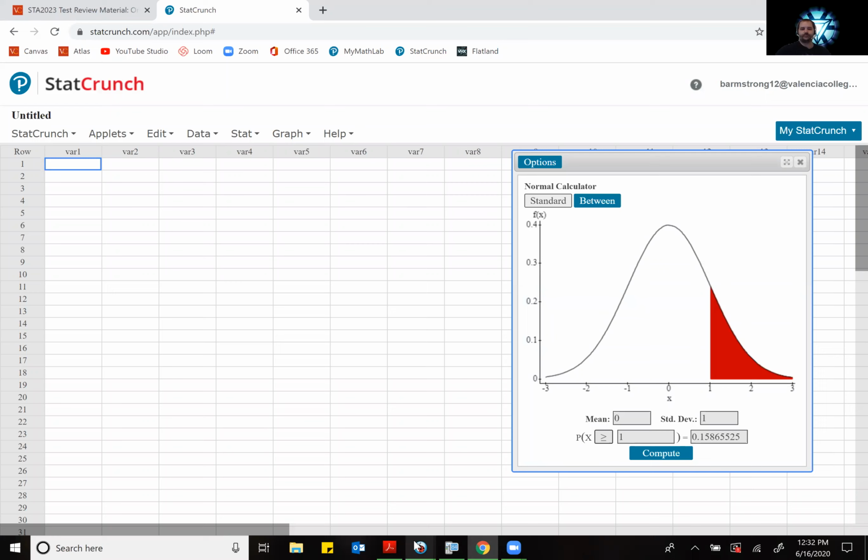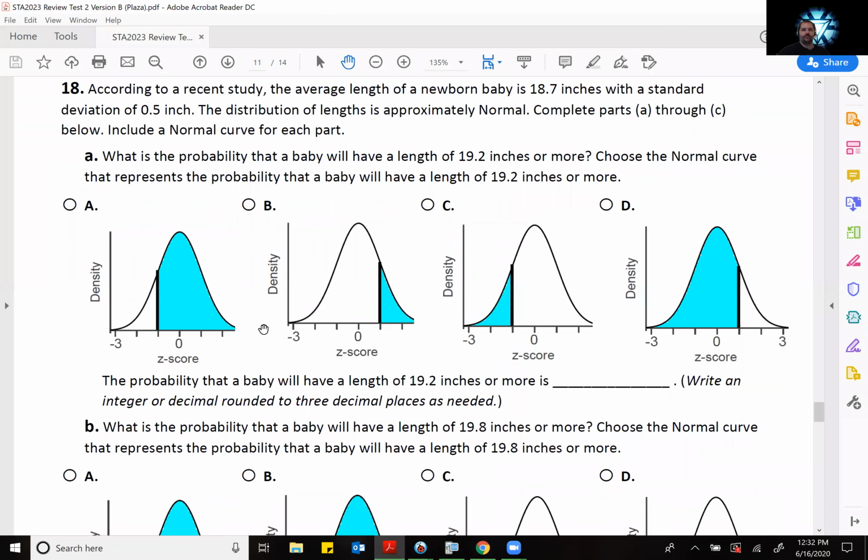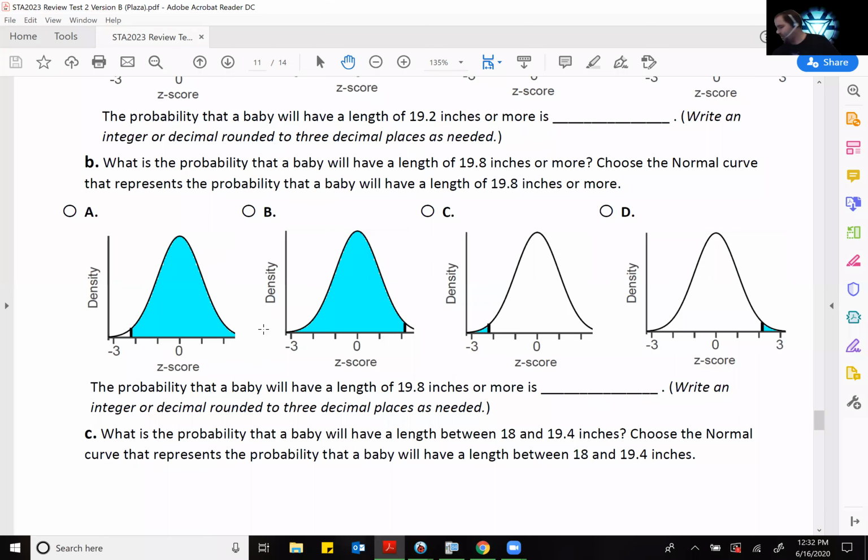Okay. All right. Part B. Which one shows us how to get the probability of having 19.8 or more? D. Sorry, losing track of which one I'm on here. 18.